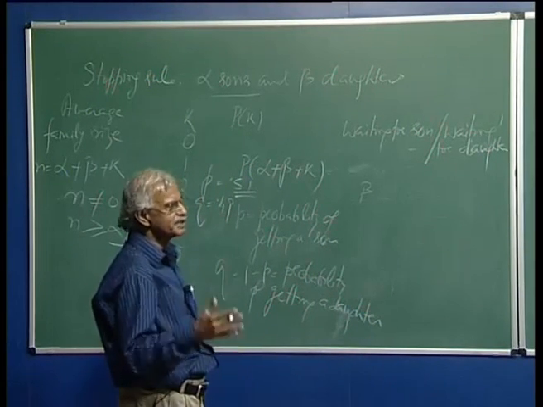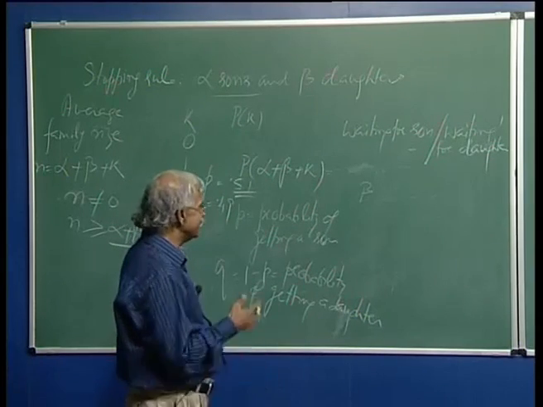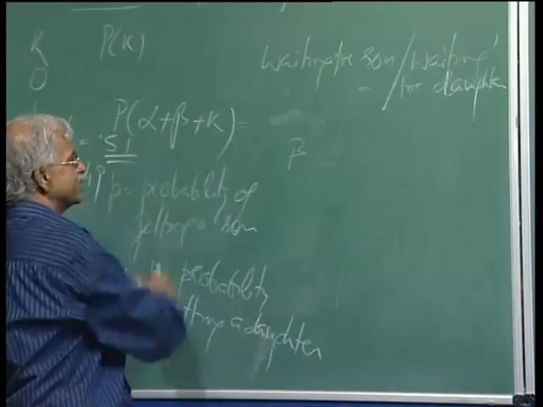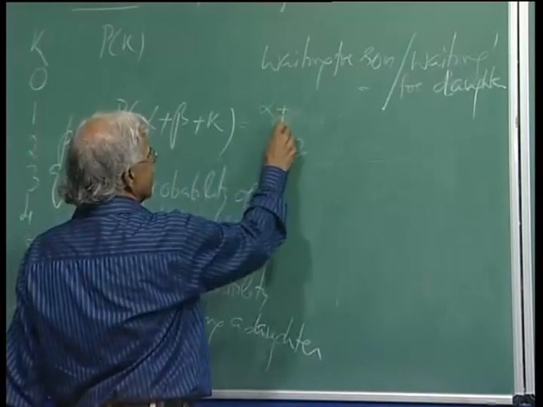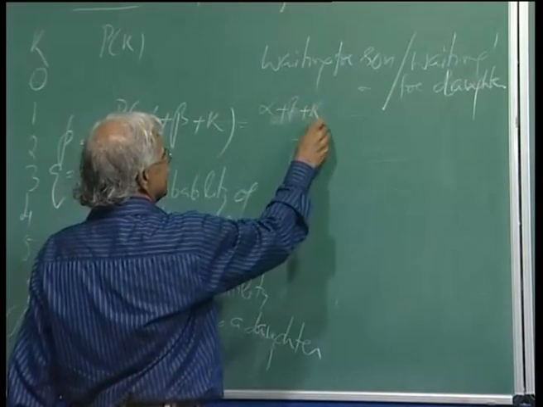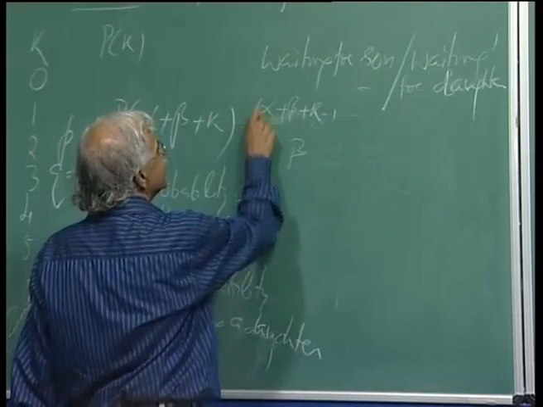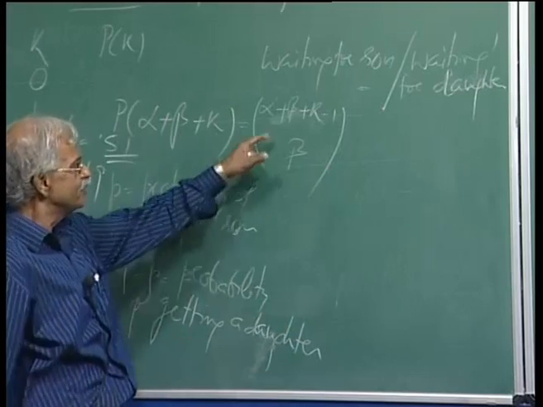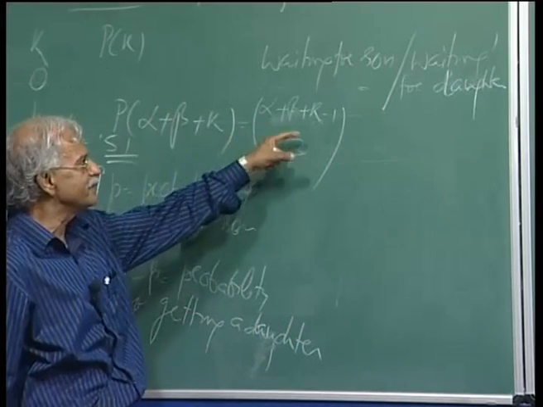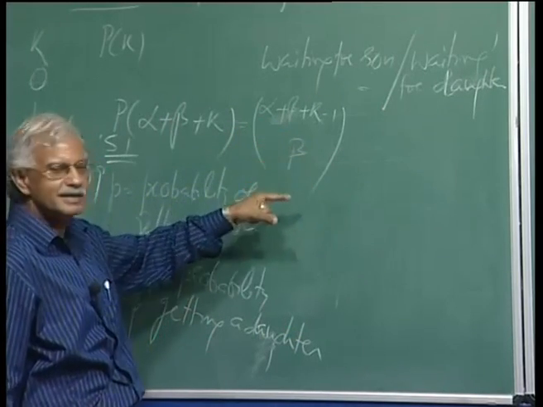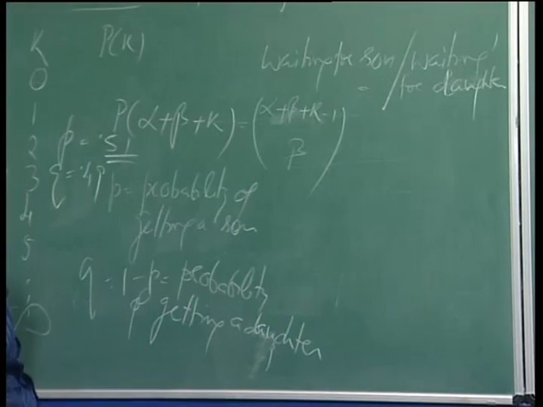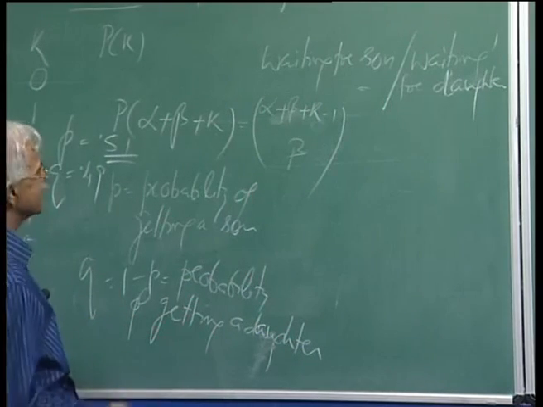It may be the first daughter, third daughter, fifth daughter, 11th daughter, but if they are stopping at k, then in the first alpha plus beta plus k minus 1, this combination beta, out of the first alpha plus beta plus k minus 1, they have had beta daughters and they are waiting for a son only.